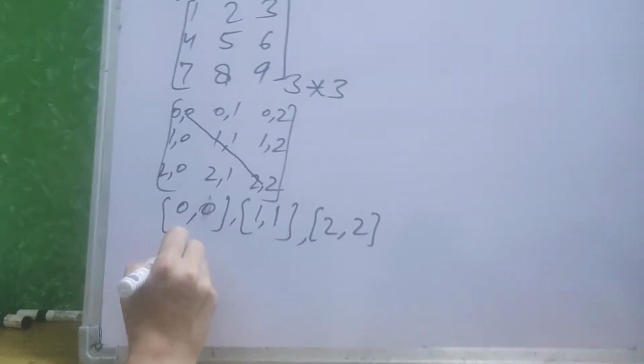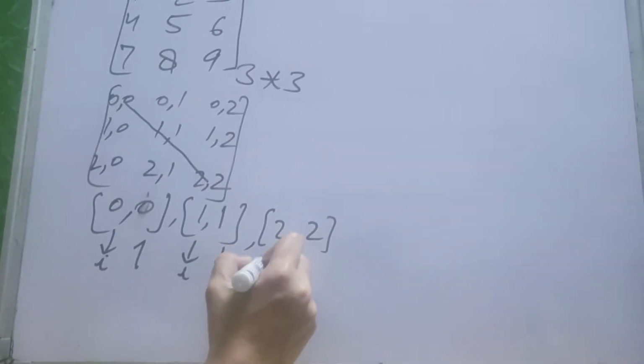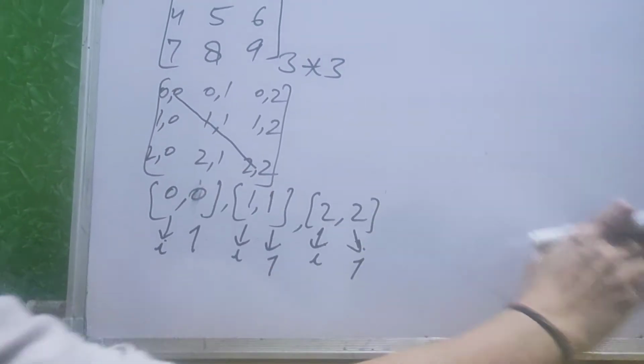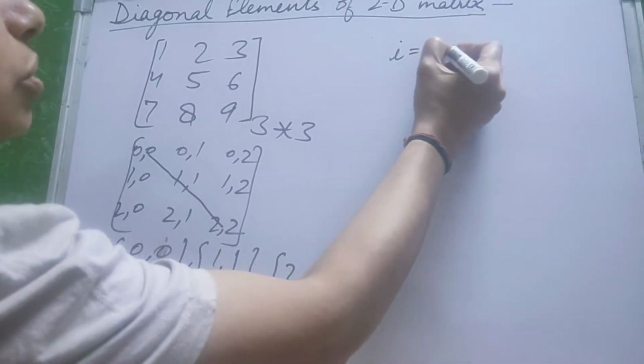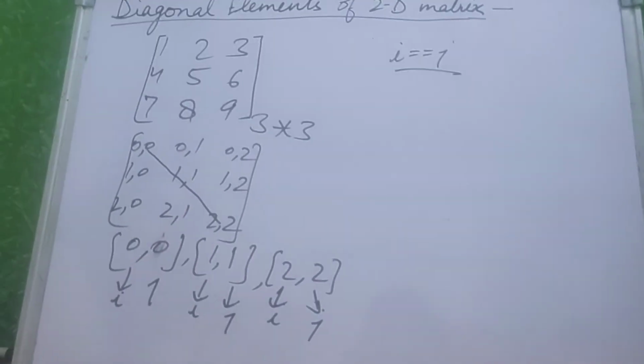This is i, this is j, this is i, this is j, and this one is also i as well as j. So we can write the condition for this: i equals j, then print.